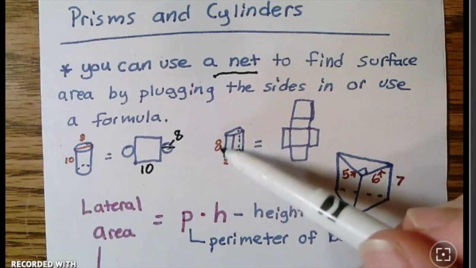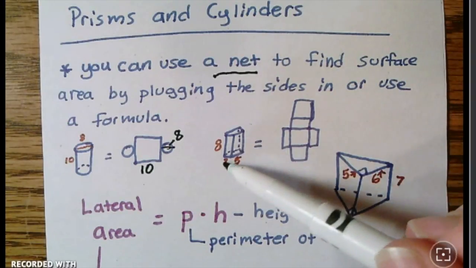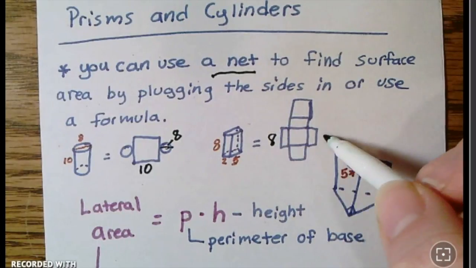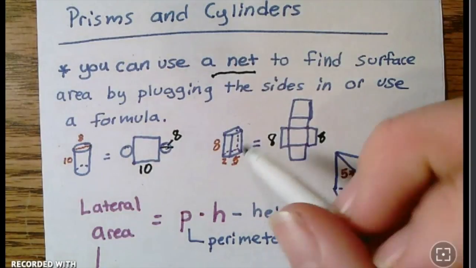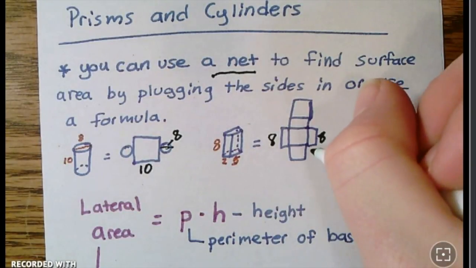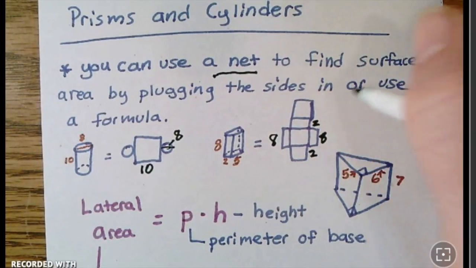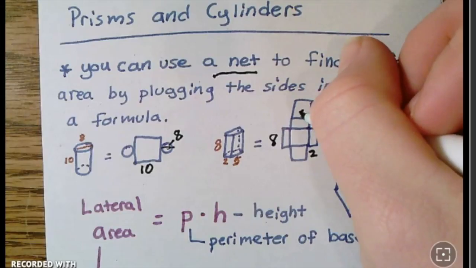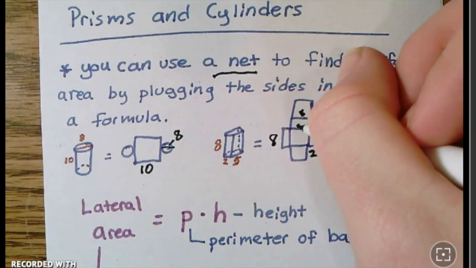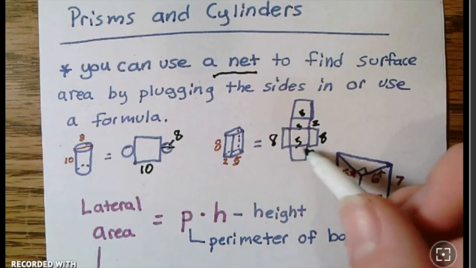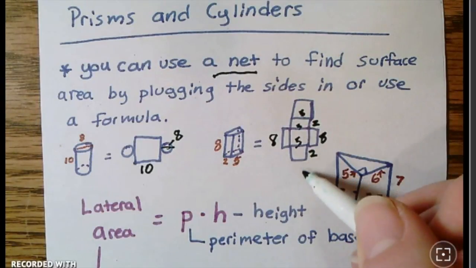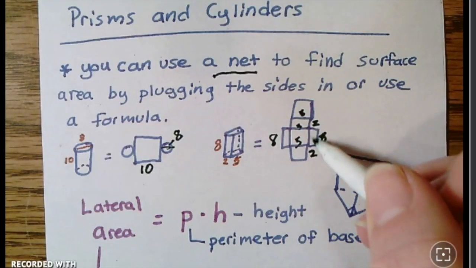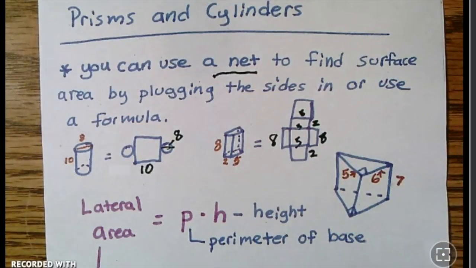So this height would be 8, that would be 8, that would be 8, and then I've got the 2, which would be this, and then I've got the 5, which would be this. And then I could use that information to find the area of each of these different parts, and then add those parts all up to find the surface area.